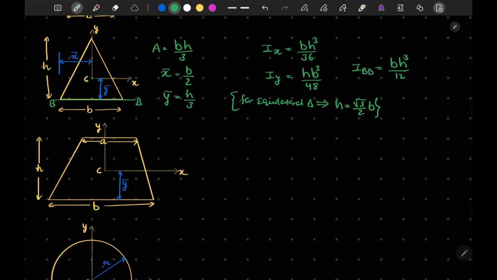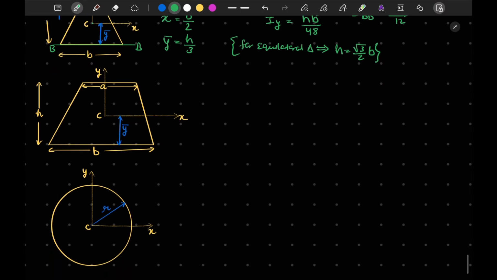Now moving to the trapezoid. So let's say this is your trapezoid. In case of a trapezoid, your area, as you all know, is half into the sum of parallel sides, that is a plus b, into height.